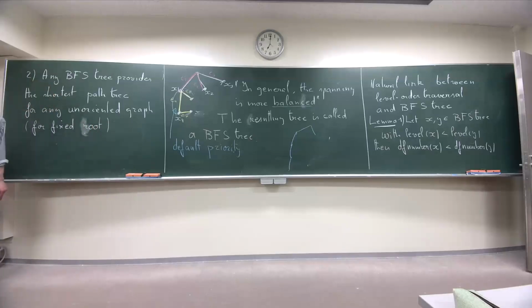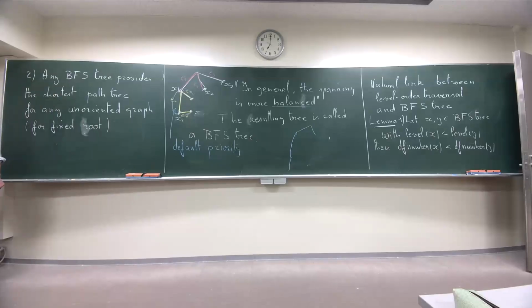So you take an unoriented graph, you fix a root, and then you draw this spanning tree according to the BFS rule. You are going to get a tree. And if you just look at this tree, it gives you the information about the shortest path. It's what is called the shortest path tree. It gives you the shortest path between the root and any point in the tree.